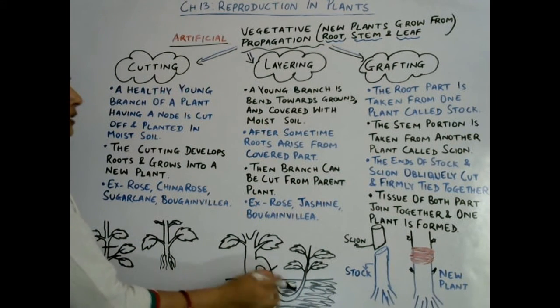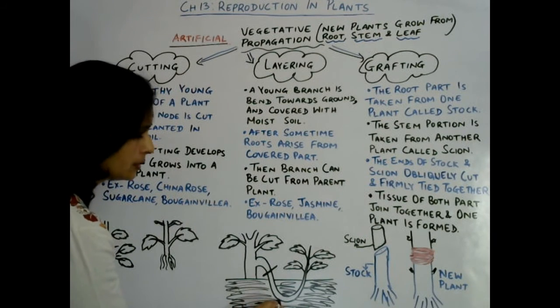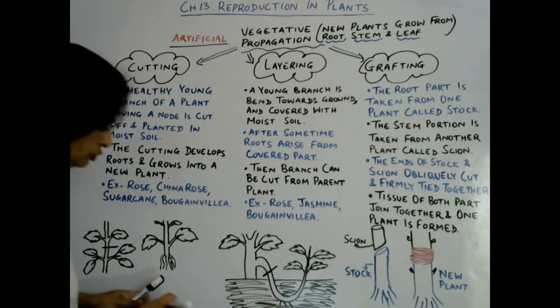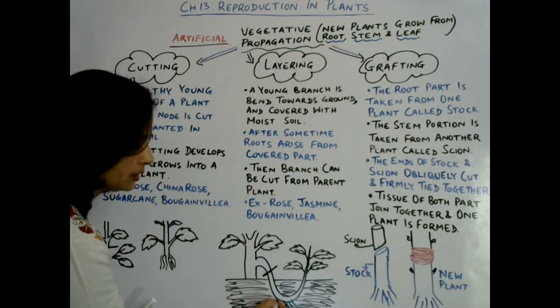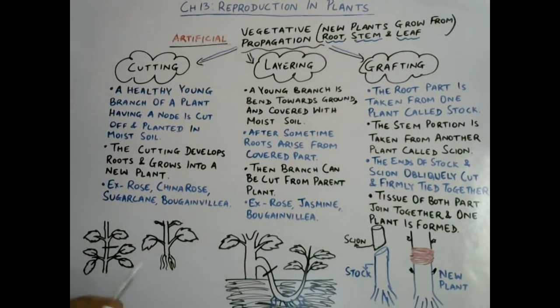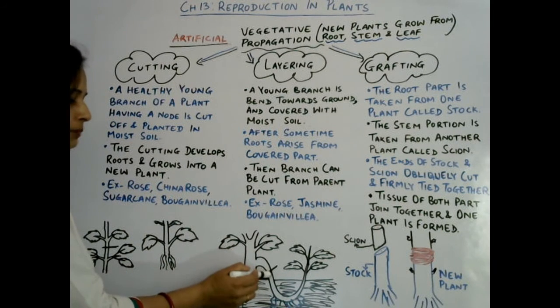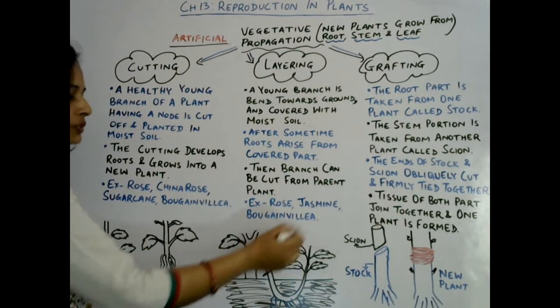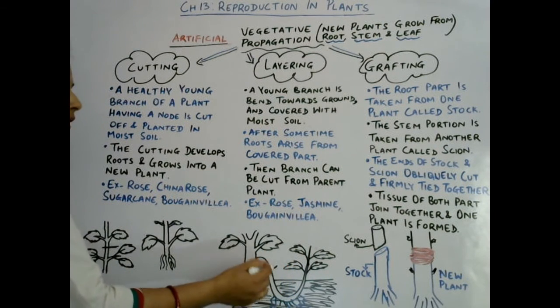It should be irrigated as well. Then new roots will arise gradually and slowly from that branch under the soil. After the new roots grow, this branch should be cut from the parent plant, and new individual plants can grow by the process of layering.